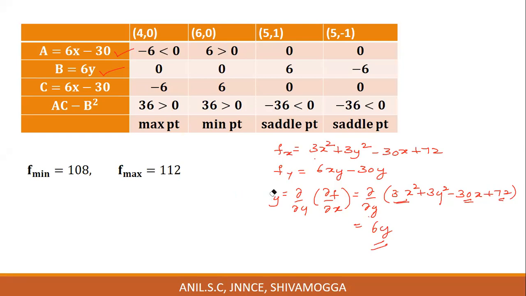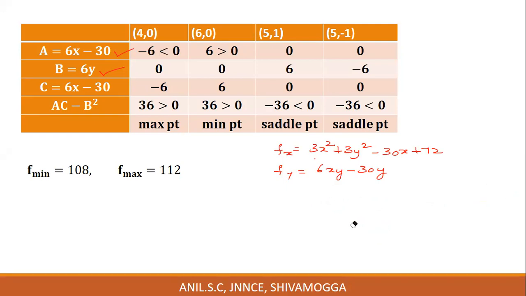Next we find C. C is equal to Fyy. Fyy means del by del y of del f by del y.